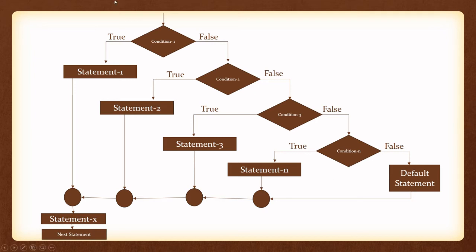So if all the conditions failed, then it executes the default statement and comes to the next statement, statement X. So this is about the working principle of else if ladder. Now let's see the syntax for the else if ladder.